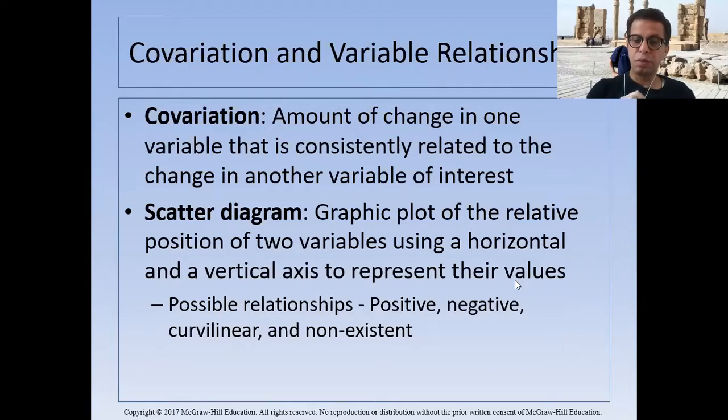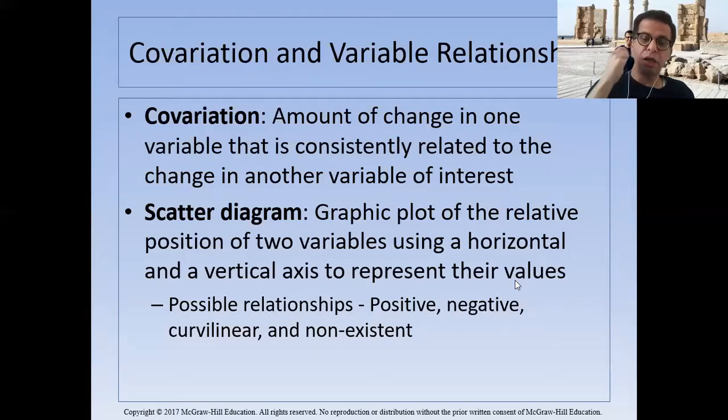The possible relationship is positive, negative, curvilinear, or non-existent. So the positive: the more income you have, the more you go to Starbucks. The negative: the more income you have, the less you go to Tim Hortons.